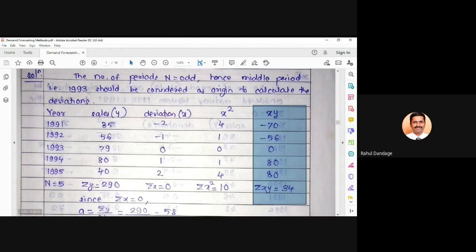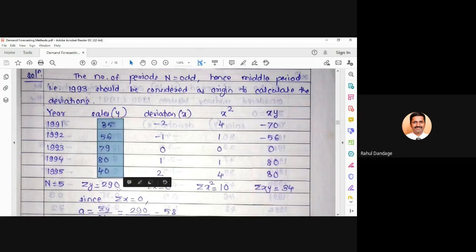Similarly, take the summation of the first two columns. First, under year we find the value of capital N. Number of periods is 5. Second column, summation of y, the addition of all the sales values given for 5 years. It is 290. You can calculate and cross check.